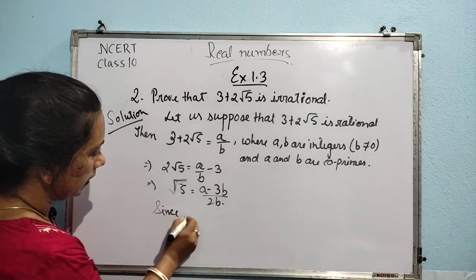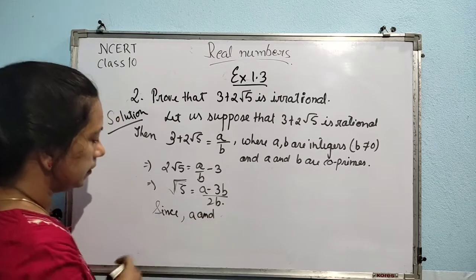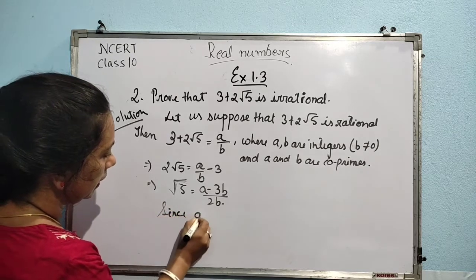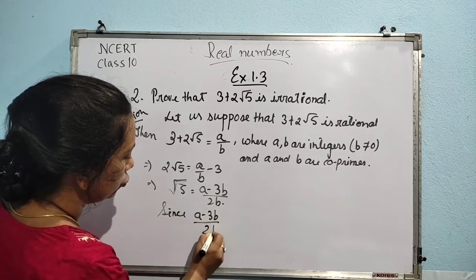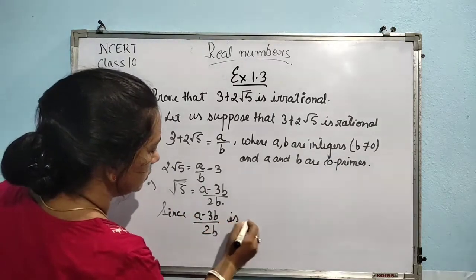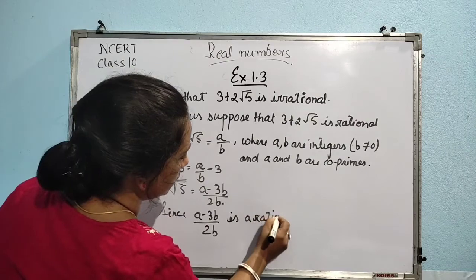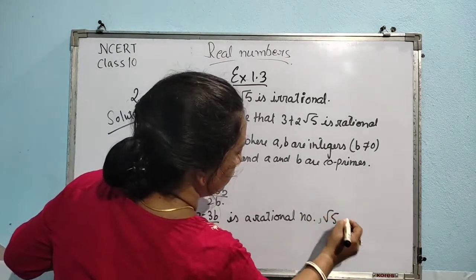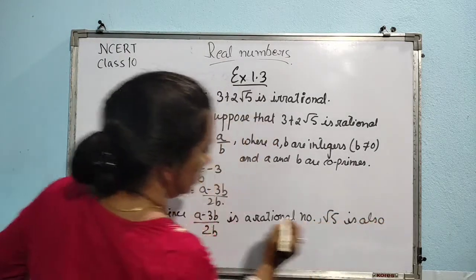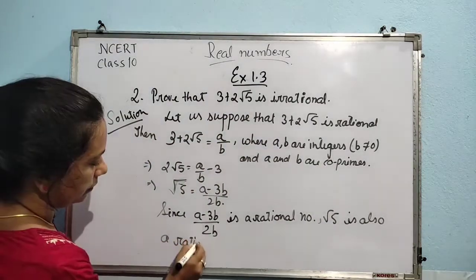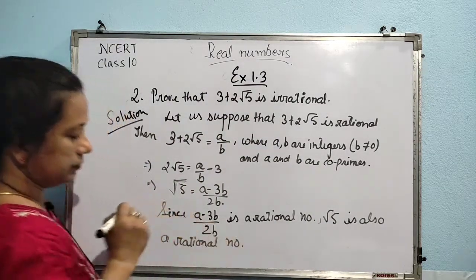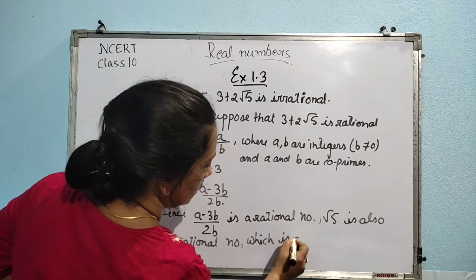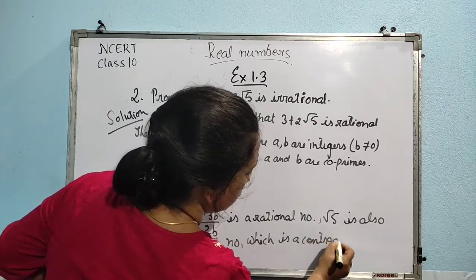Since A minus 3b by 2b is a rational number, root 5 is also a rational number, which is a contradiction.